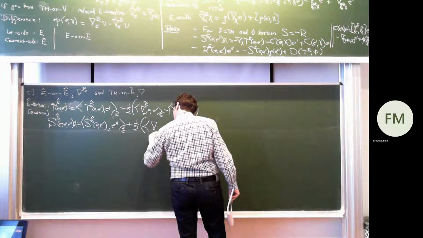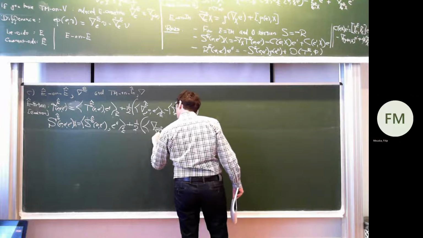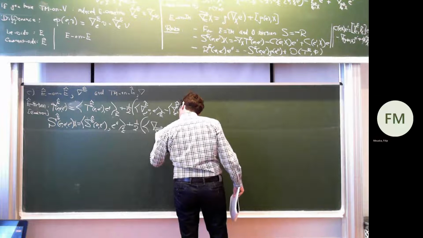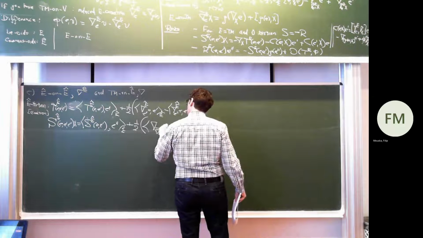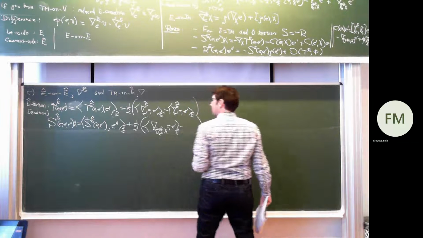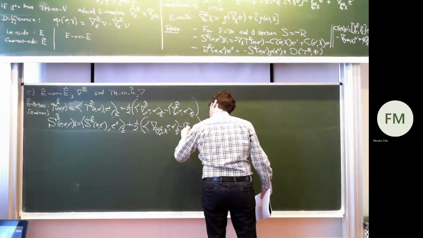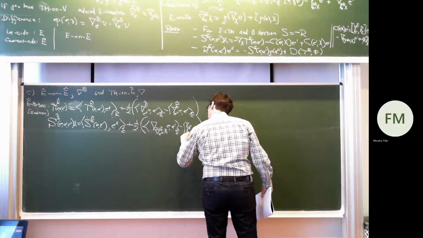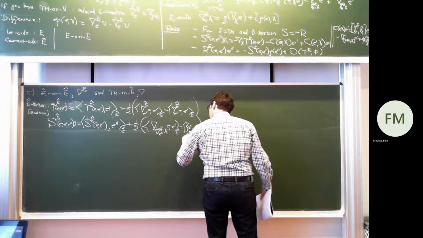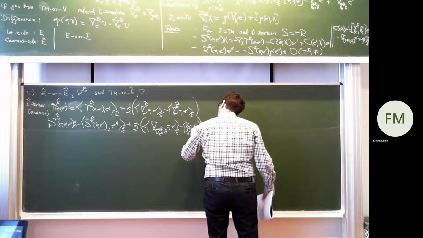So here I'm going to use double prime X E prime, right? Minus that symmetrization of this double prime double prime X E prime E.